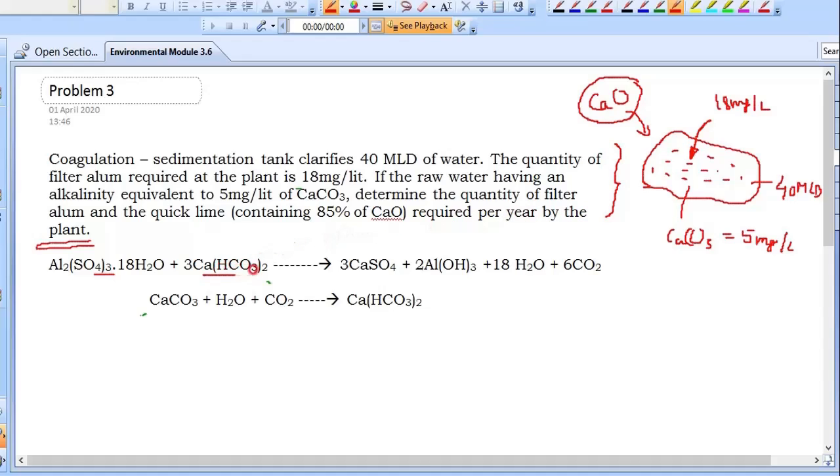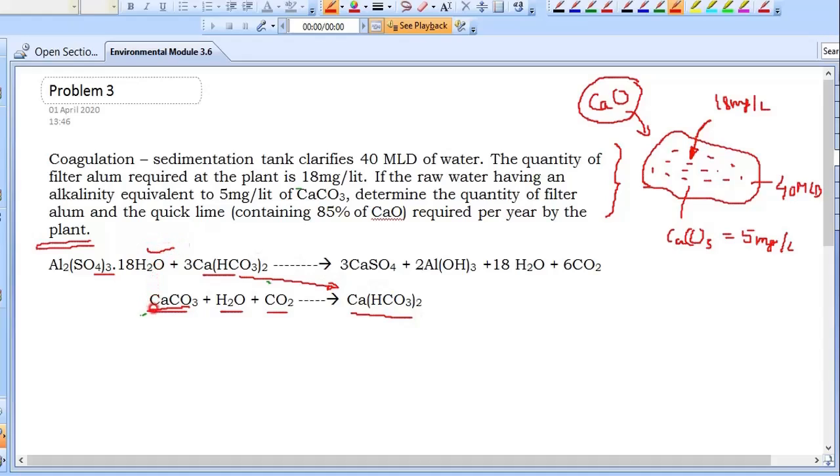But alum will definitely react with calcium bicarbonate only. But calcium bicarbonate is not there, but it has calcium carbonate. Calcium carbonate will be there in the water, and if we blow CO2 to that, then we can get calcium bicarbonate, then this reaction can happen.